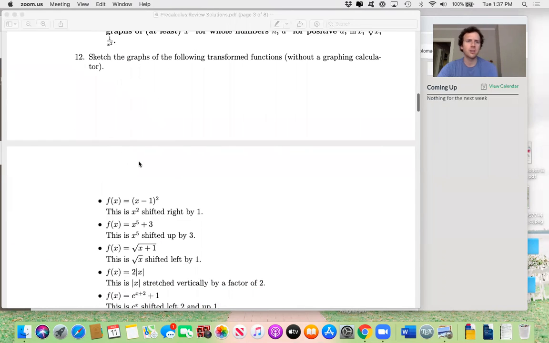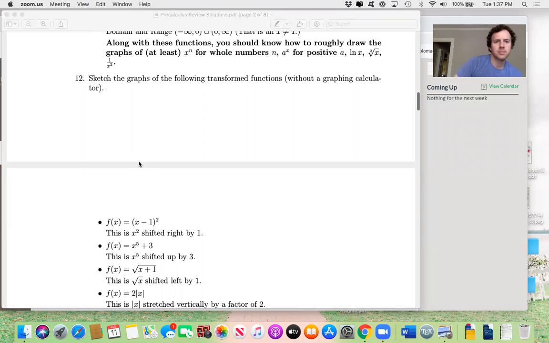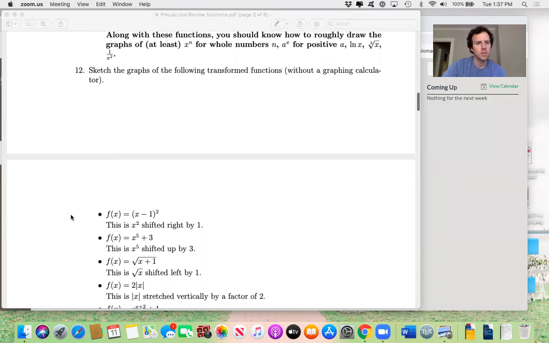For number 12, the topic that's encountered in precalculus, and a disclaimer I should say, is that precalculus is a broad topic, so in whatever your precalculus class was, some topics were emphasized and some might not have really been there at all.